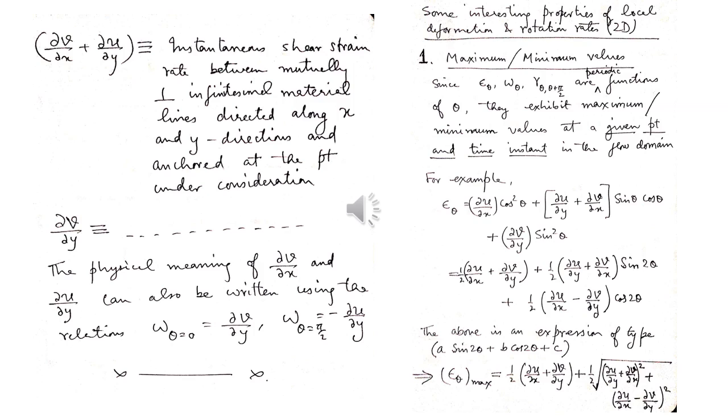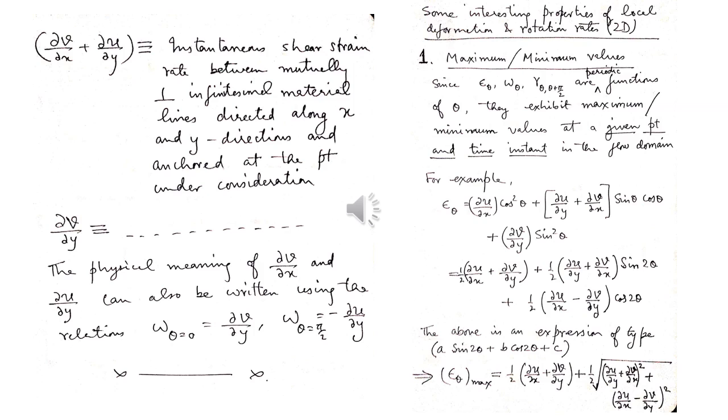So each point at a given time instant in the flow domain will be associated with certain maximum and minimum longitudinal strains, maximum and minimum rotation rates and maximum and minimum shear strain rates. Of course, they will be associated with the infinitesimal material lines.